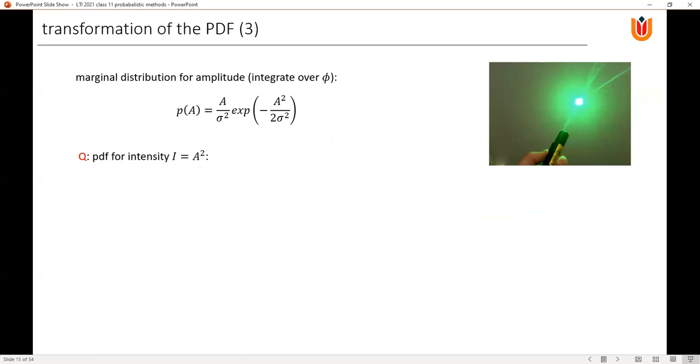Electric field amplitude, we cannot measure. We can only measure intensity. So now I'm interested in the probability density function for the intensity. I project this laser pointer on the wall, and I want to know what the distribution of intensities is. What I would have to do is calculate the square of this amplitude.